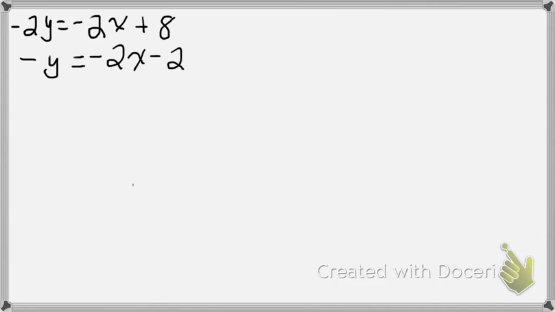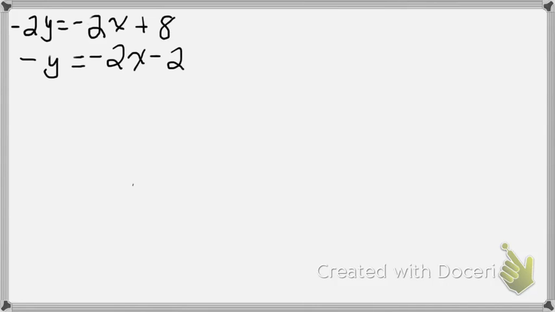So it looks like we might be stuck here. But what I can do is multiply one of these equations by negative 1, and that will allow us to eliminate x. I'll show you how this works in just a minute here.